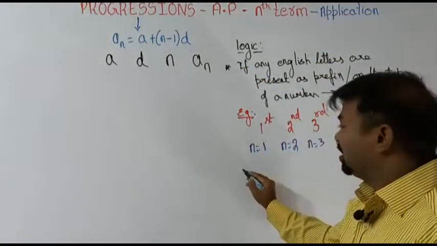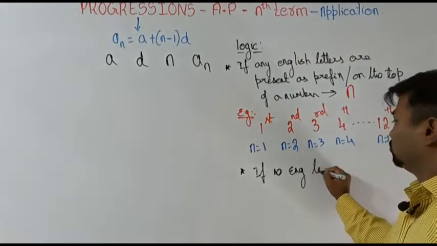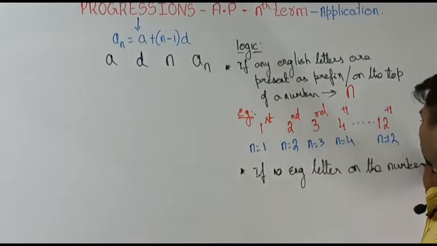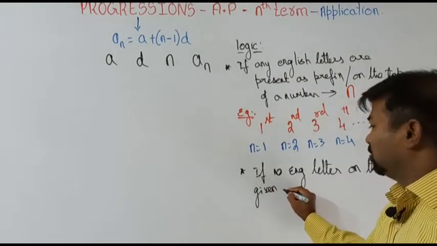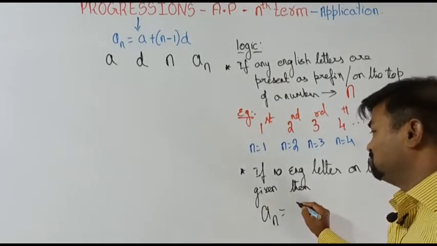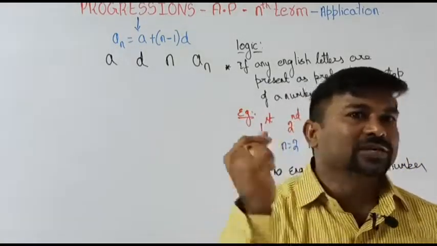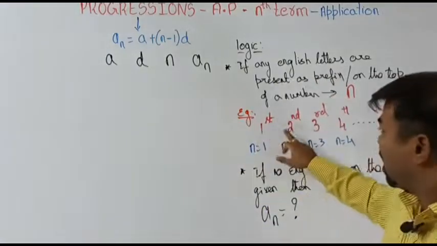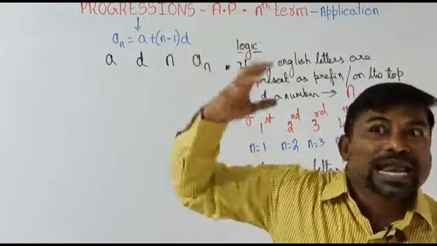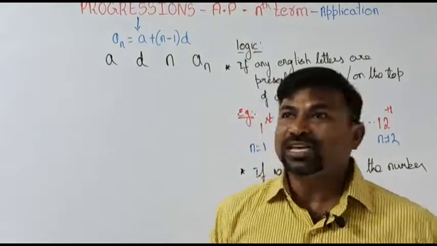If no English letter is on the number given, then we plug it in the place of an. If you have English letters on the top, plug in the place of n. If there are no English letters on the top of the number given, then plug it in the place of an.